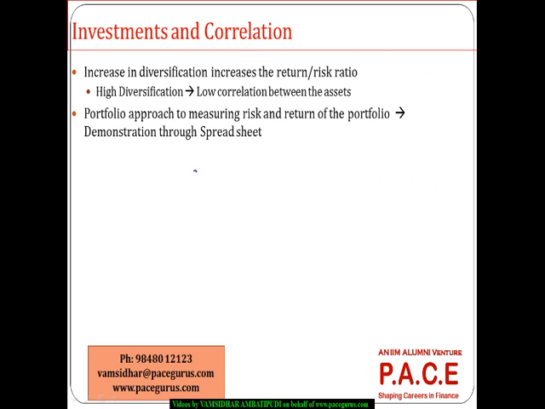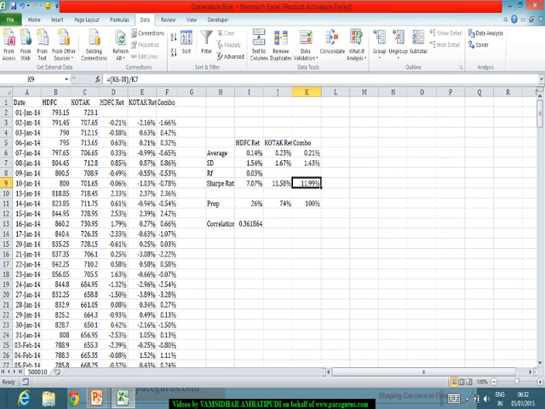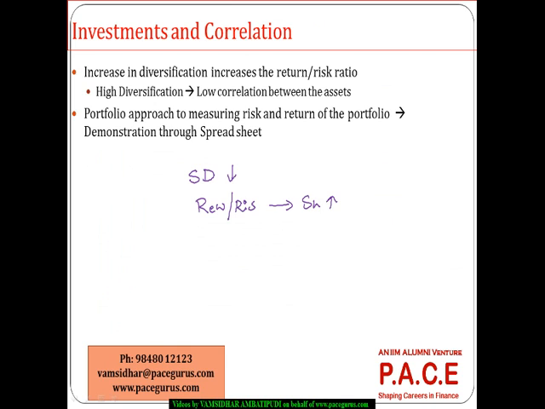Either I can reduce the overall standard deviation to the lowest, or I can look at the reward to risk ratio, which is nothing but the Sharpe ratio, maximizing it and deciding the optimal combination. So this is how correlation plays a very important role as far as investments are concerned, right?